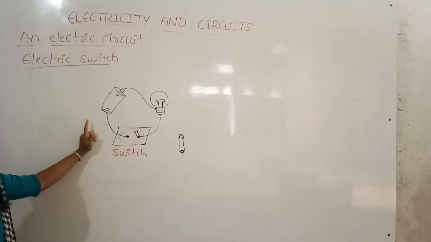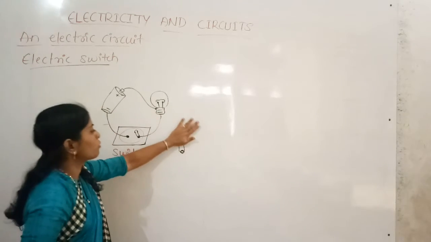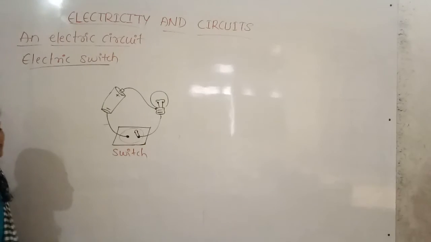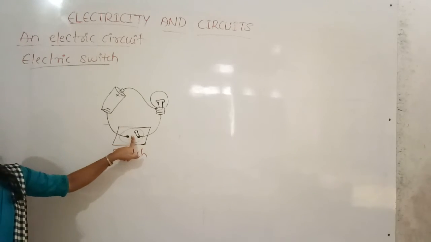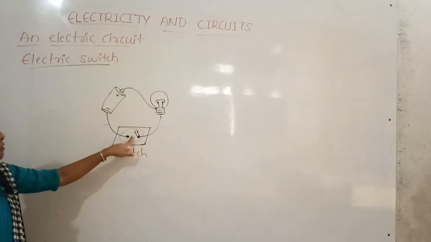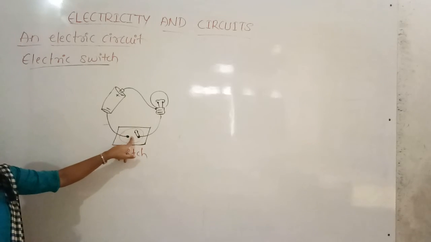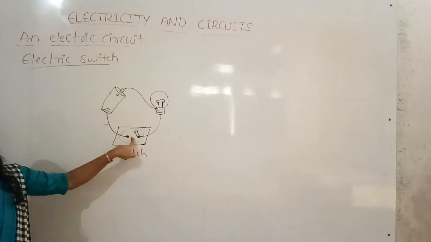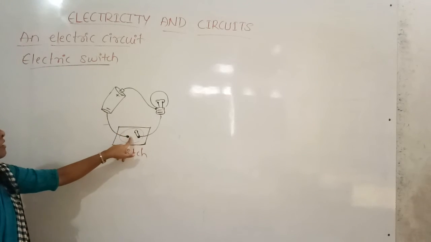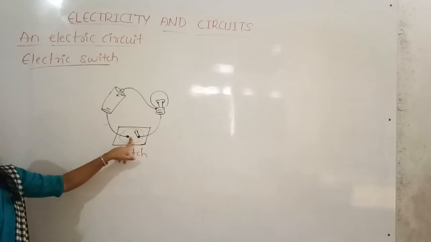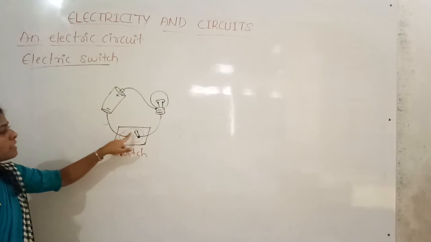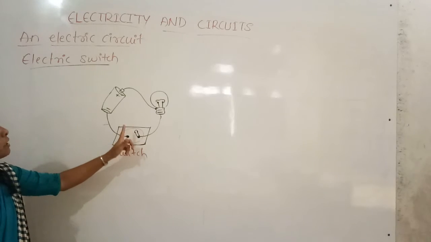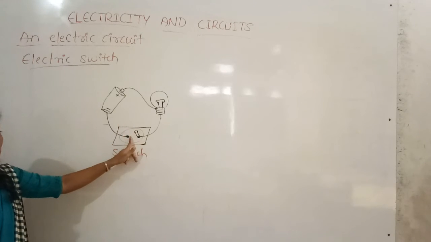Yes, it is an incomplete circuit and the bulb will not glow. Why is it an incomplete circuit? Because see, there is no closed path. It means that the switch is in the off position. The switch is not on now. So when the switch is in the off position, the path is incomplete.